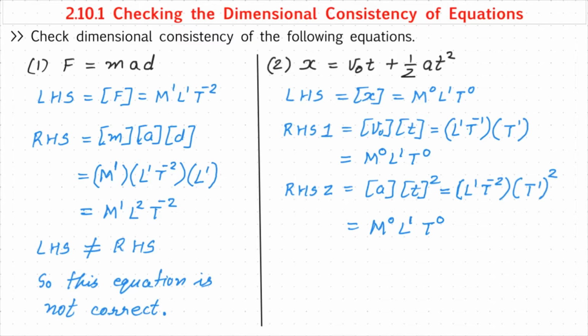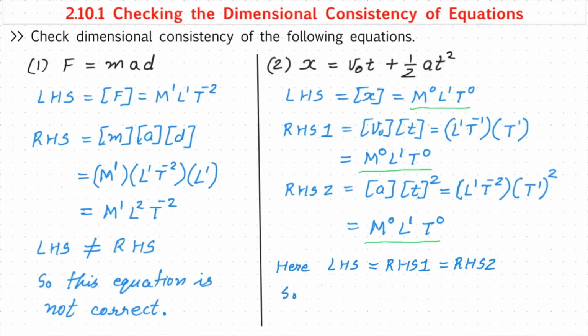You can see the left hand side has dimensional formula m0, l1, t0. Right hand side 1 also has the dimensional formula m0, l1, t0, and right hand side 2 also has the same dimensional formula m0, l1, t0. So here now I can say that left hand side is equal to right hand side 1 and is equal to right hand side 2.